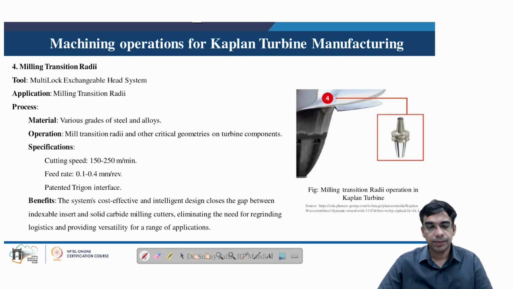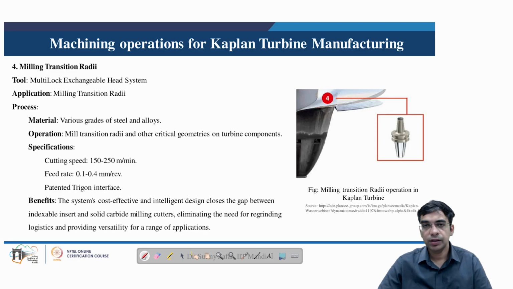In the fourth step of machining for Kaplan turbine manufacturing, we can see the multi-lock exchangeable head is utilized for milling the transition radii. Various grades of steel and alloy steels are utilized to mill the transition radii and other critical geometry on the turbine components.